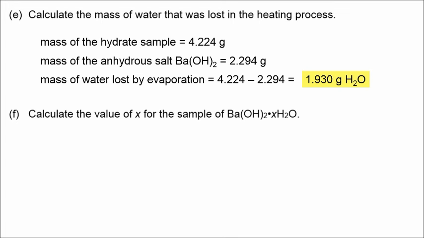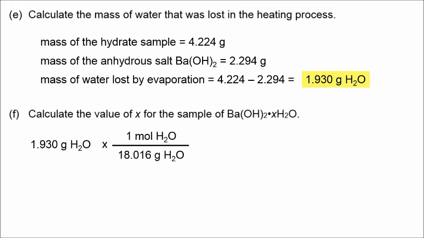All we have to do now is convert grams of water into moles and then find the mole ratio between water and barium hydroxide. So 1.930 grams of water converted into moles is equal to 0.1071. That's how many moles of water was lost in the heating process.